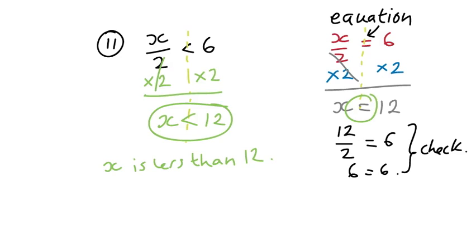Okay. Let's take a look at number 12. Okay. Number 12 is an inequality, but this time we are asked to find out which diagram shows the graph of 4x plus 2 is less than 12.